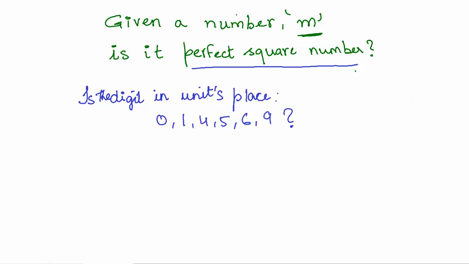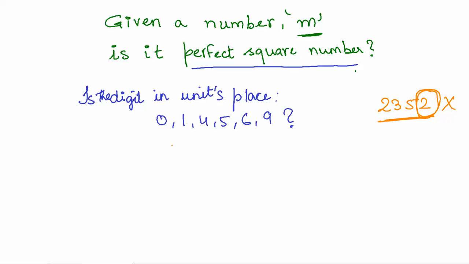So for example, let us say that you are given the number 2352. In this, you can straight away tell that it is not a square number, primarily because a square can never have a number ending in 2. That is, it cannot have a 2 in the units digit.